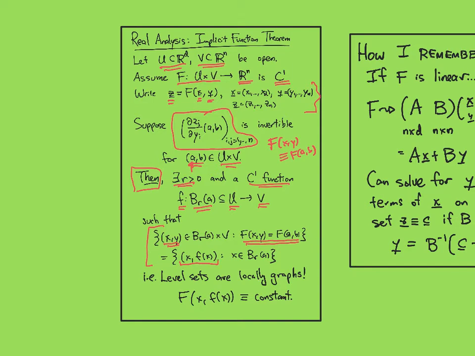So these will all be points of the form (x, f(x)), where x is in this ball of radius r centered at a. So the big upshot is that level sets are locally graphs. And so you can solve for the y variables in terms of the x variables. And that way you get functions that satisfy equations, and they'll be C1. You can take their derivatives and everything.